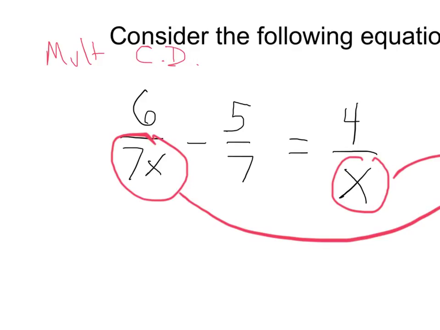So our common denominator, between the numbers we know is 7, but we've also got to make sure that these x's are a part of our common denominator. So our common denominator is going to be 7x, and we're going to take that times every one of those numerators.